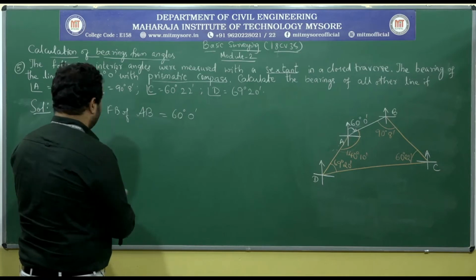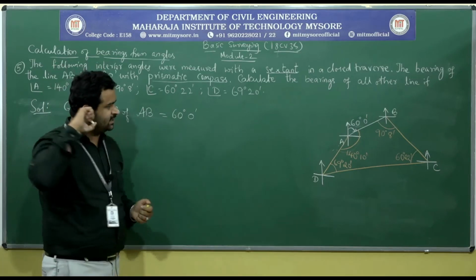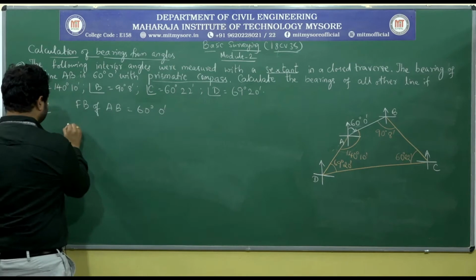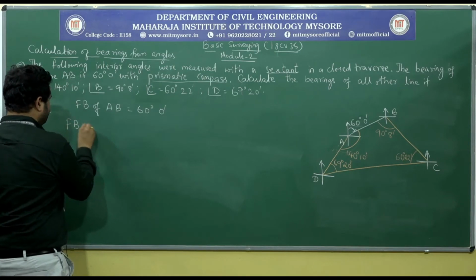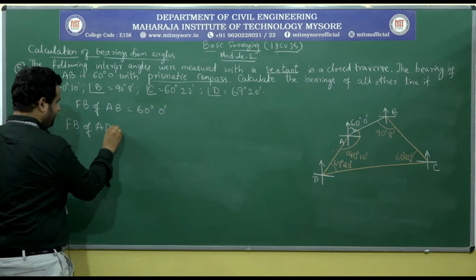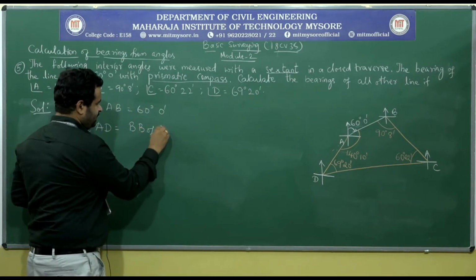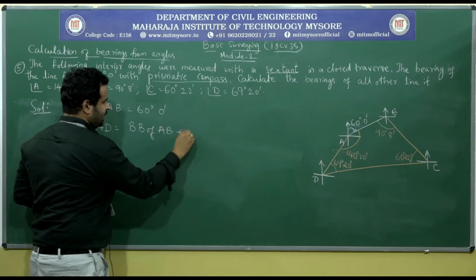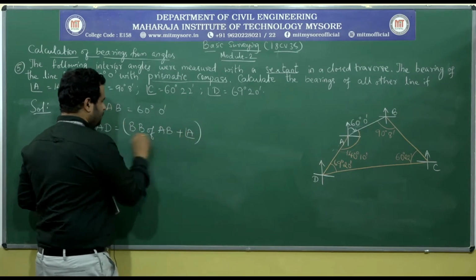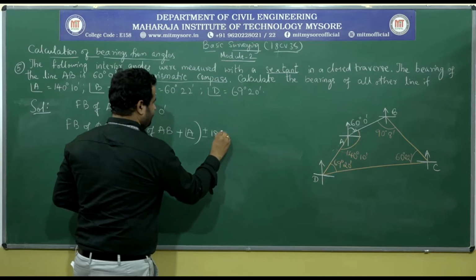So what is given? Fore bearing of the line AB is 60 degrees 0 minutes. Next, the fore bearing of the line AD can be calculated as back bearing of AB plus angle A plus or minus 180.